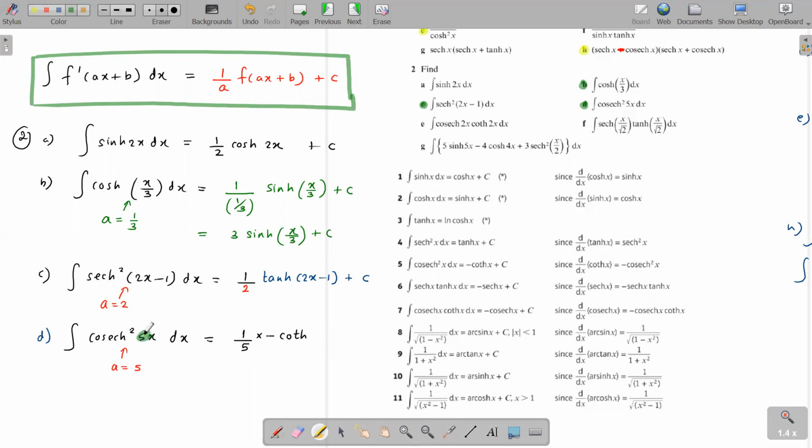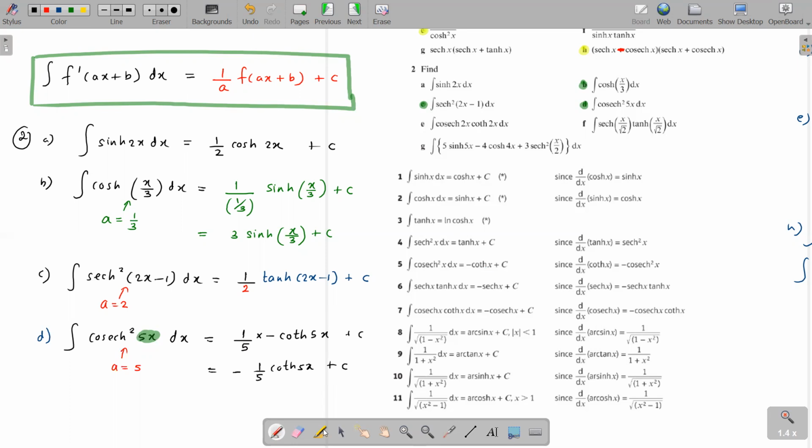No, they have 5x here. So you need to use 5x. Be careful, okay? Do not just directly use this rule and go wrong. They've given 5x. You must use 5x here along with the 1 over 5. So basically the answer is minus 1 over 5 cot 5x plus c.